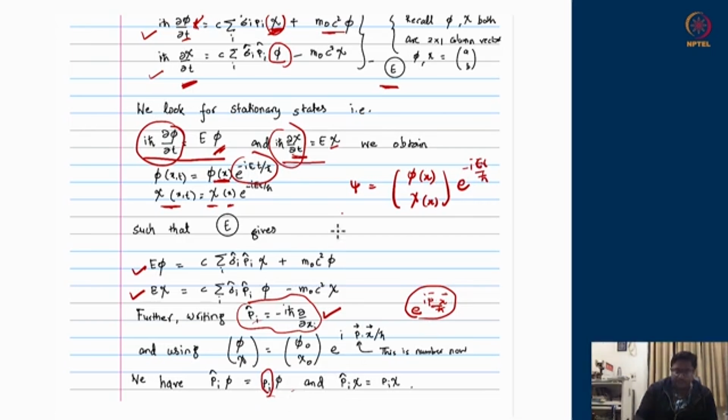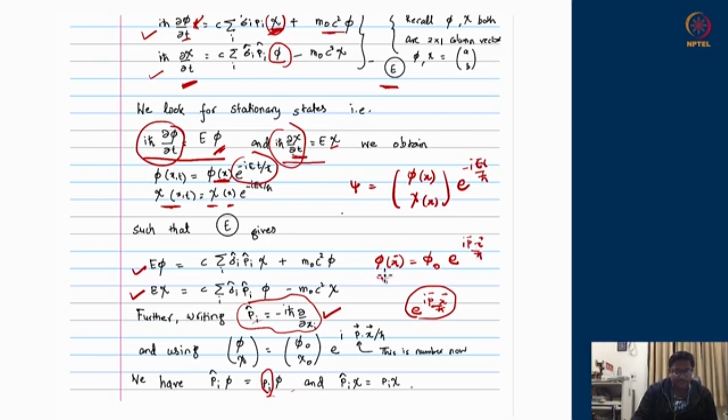So therefore, if I want to have not only a stationary state in time but an eigenstate of the momentum operator as well, with eigenvalue p, then I can write down phi of x as some constant, constant in space as well, and then e to the power i p dot x upon h bar.